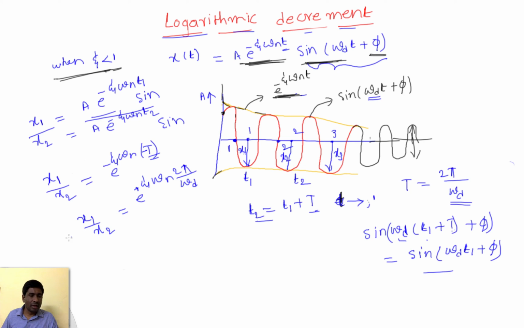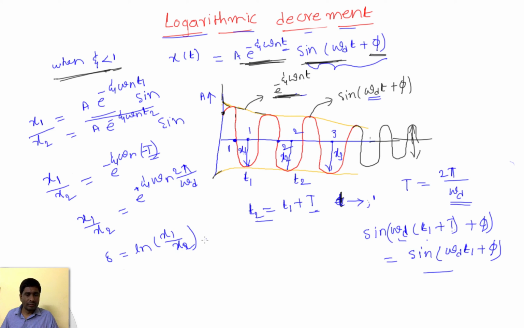If I apply log on both sides, I call delta equal to ln of x1 by x2. This is what we call the logarithmic decrement, because x2 is less than x1, so there is a decrement from the previous one, and we are applying log here, so it is a logarithmic decrement.